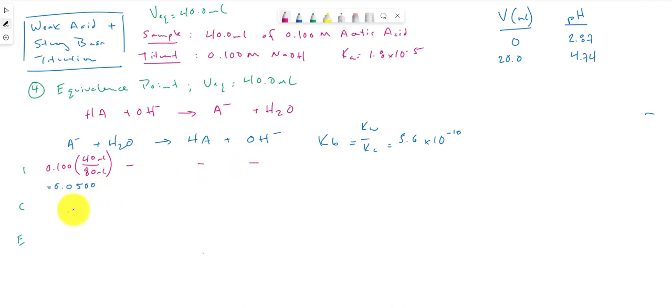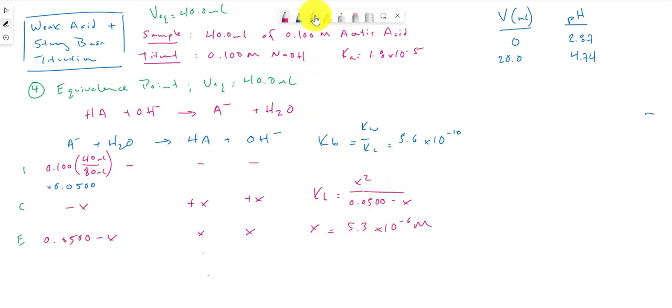So our change is going to be some minus X and plus X. At equilibrium, we're starting with whatever we had left over in the solution, 0.05, and then some amount of it is going to reassociate with water to make some amount of HA, X, and OH minus, X. We can write up our equilibrium expression and set that equal to Kb. So that looks like this. Solve for X, that gives us 5.3 times 10 to the minus 6. Remember, X here is not hydronium ion concentration. That's a pitfall.